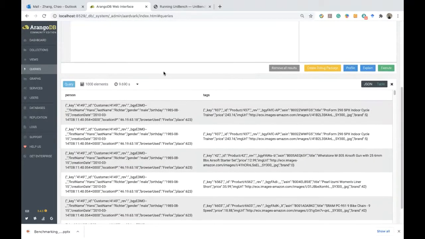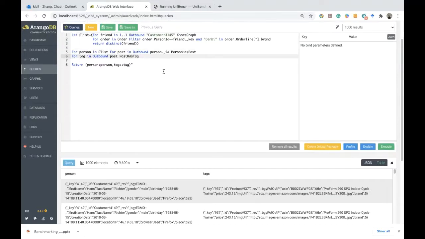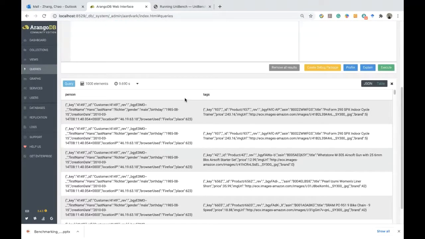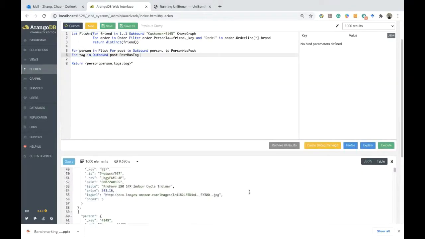And this query takes roughly 9 seconds, and the results will be returned as a table or in JSON format.